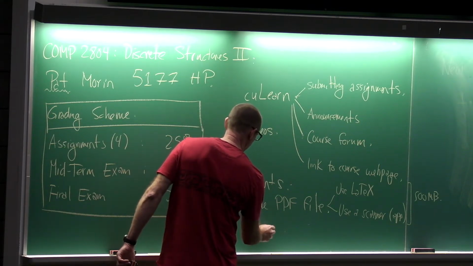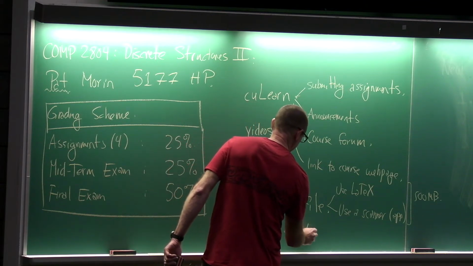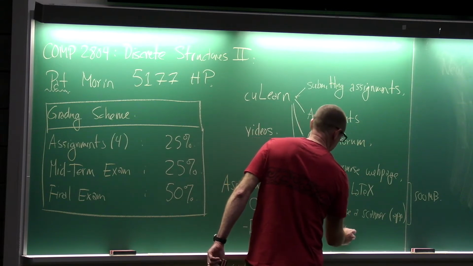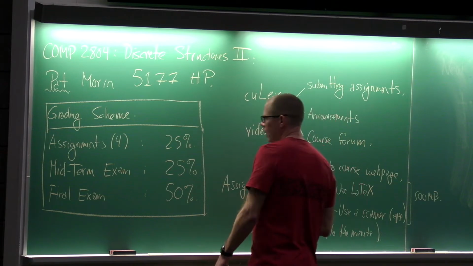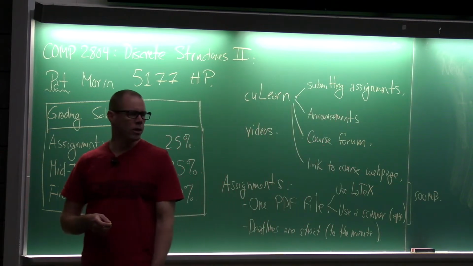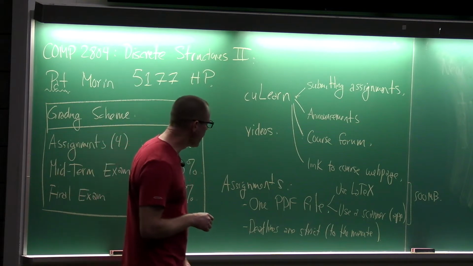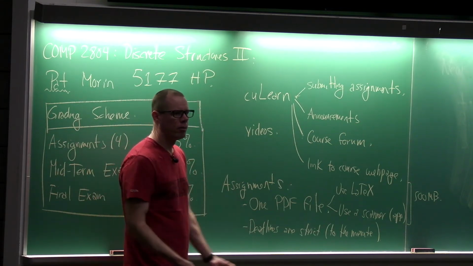The other thing to look out for is that deadlines are strict. And by strict, I mean to the minute. Assignment 1, for example, is due at 11:55 p.m. on a particular day. If you try and submit at 11:56 p.m., it won't be accepted.